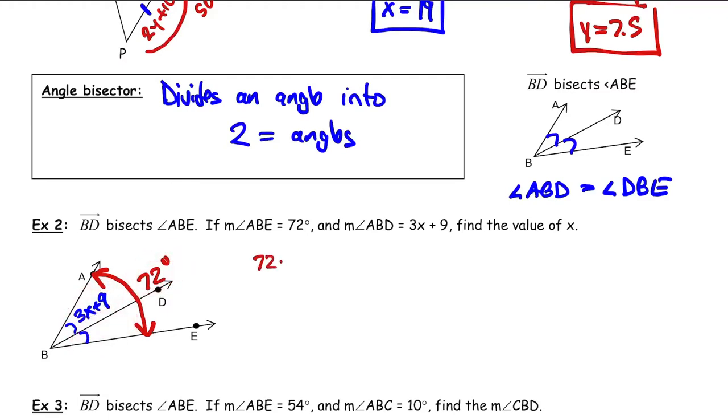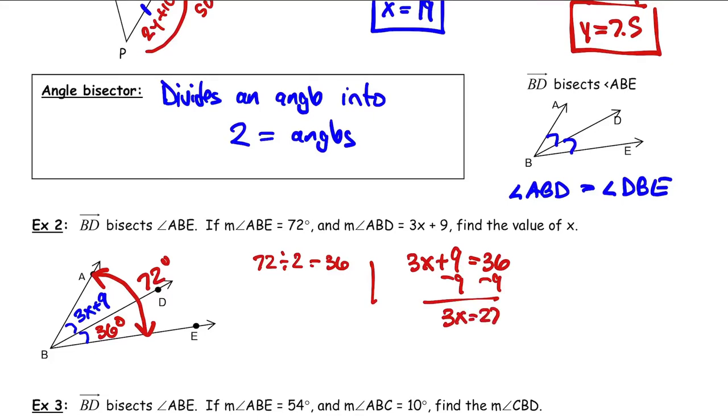If I take 72 and divide it by 2, I'm going to get 36, which means both of these angles have to be 36. So it might be a little faster if I take 3x plus 9 and set it equal to 36. Subtract 9 from both sides. 3x equals 27. Divide by 3, and x equals 9. Now, if you had done 3x plus 9 plus 3x plus 9 equals 72, you're going to get the same exact answer. So either way is 100% correct.